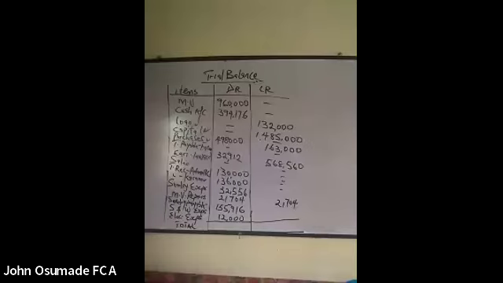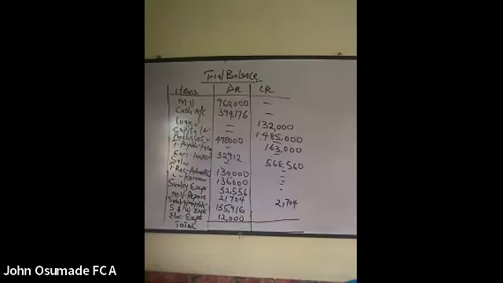One 30,000 plus 1,212,000 plus 162,000 plus 568,560 plus 21. If I were you, I would just use the credit side. You just add that one.